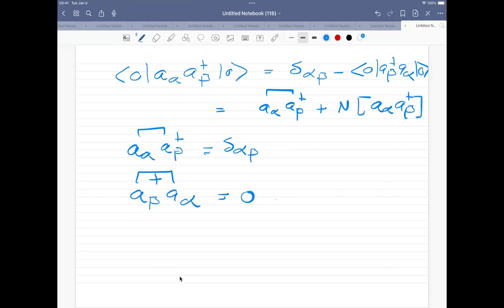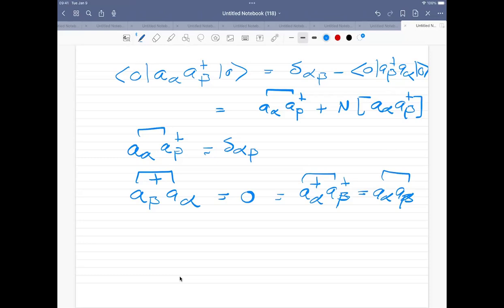And then this is also equal to the contraction of two operators of the same type. So all these three contractions are equal to 0. And you see that immediately because if we have two creation operators acting on the vacuum state, and then we take the vacuum to vacuum expectation value, this has to be equal to 0.